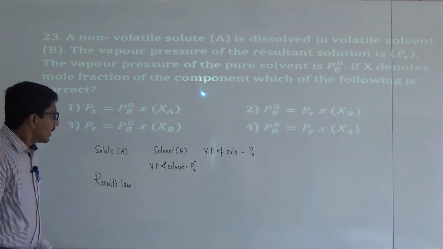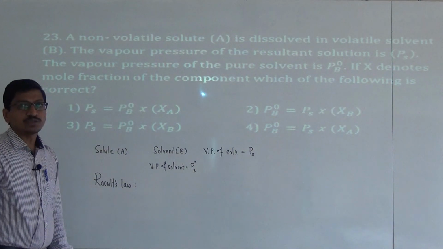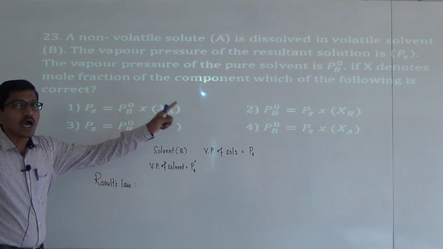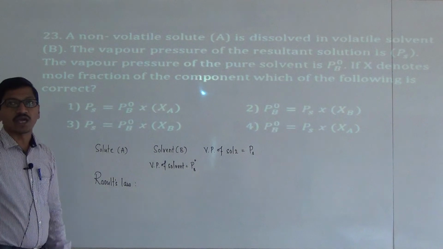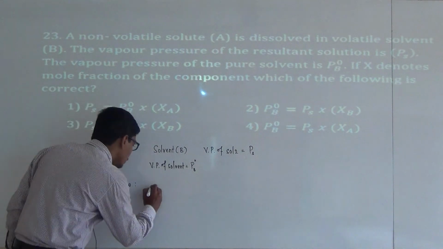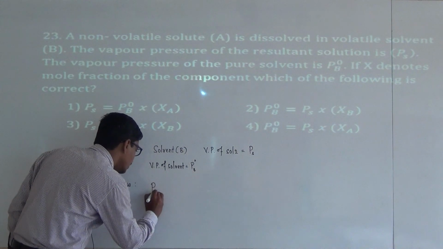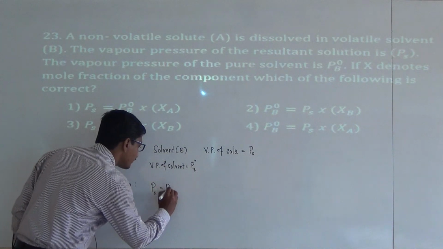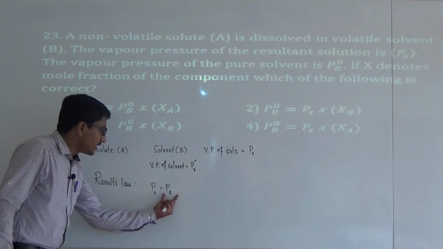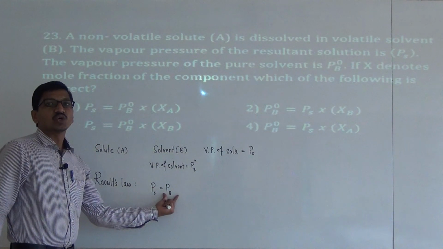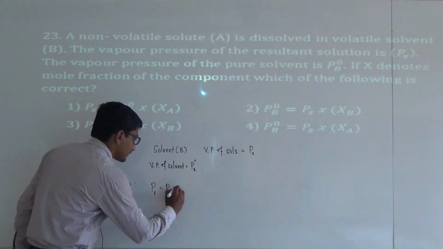In this solution, solvent alone is volatile and solute is non-volatile, and according to Dalton's law of partial pressure, total pressure is equal to only Pb. Pb is nothing but the vapor pressure of solution.